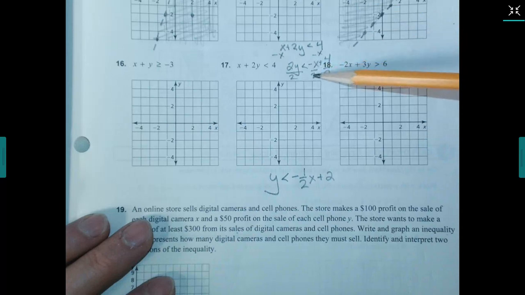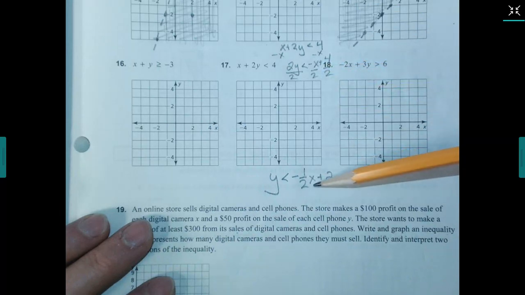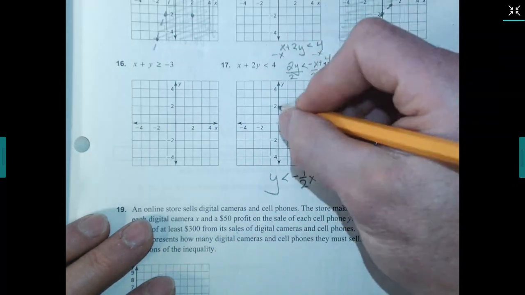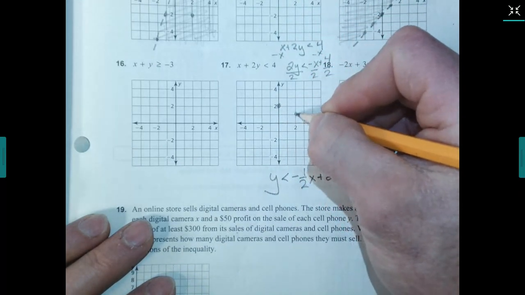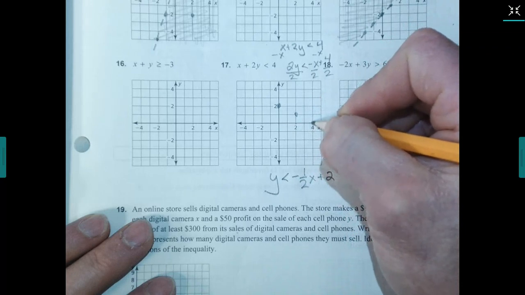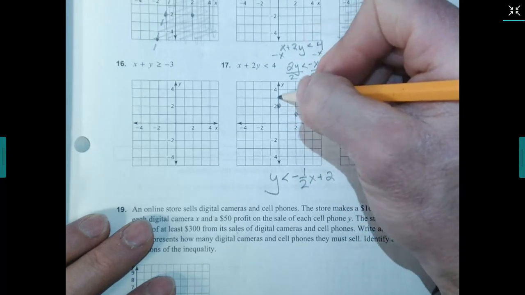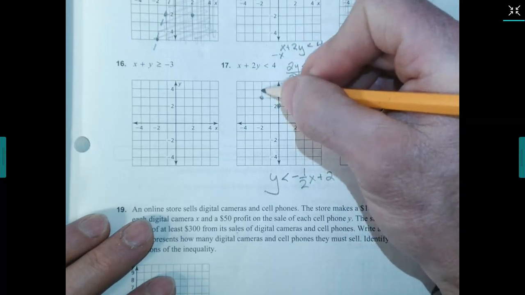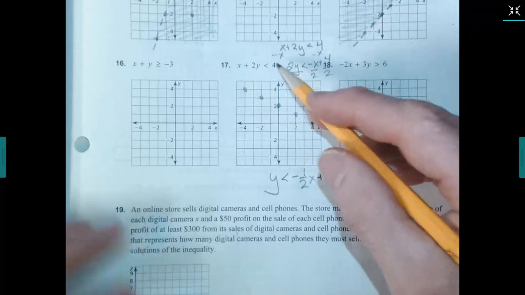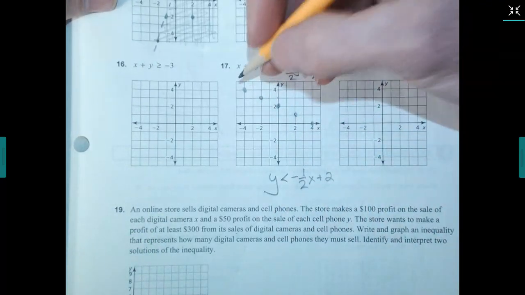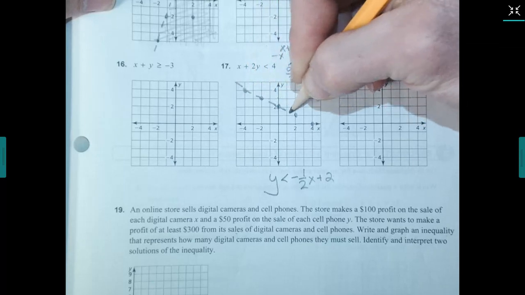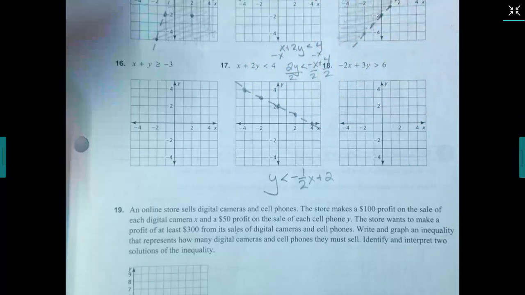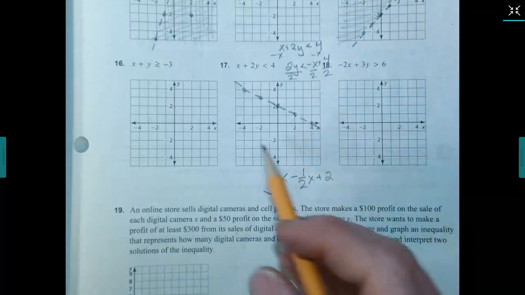Because negative x divided by 2 is negative 1/2 x. So go up to 2, then go down 1 over 2. Negative 1, positive 2. Or I can go positive 1, negative 2. Now this one is a dashed line. And it's y is less than, so I'm guessing it's down here.